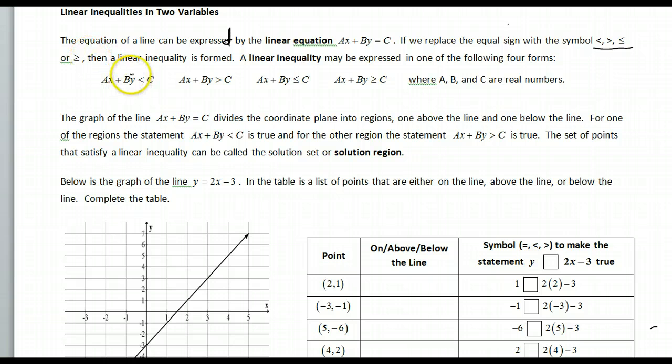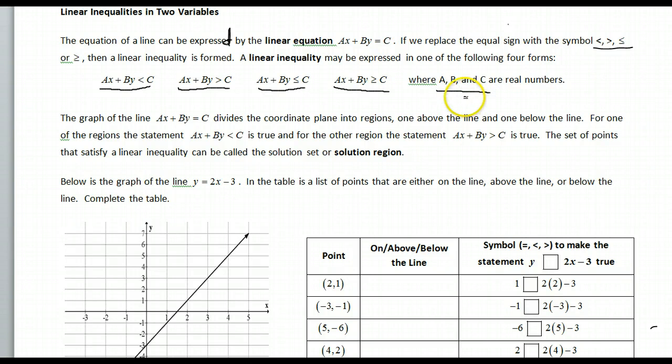A linear inequality can be expressed in one of the following four forms. ax plus by is strictly less than c, ax plus by is strictly greater than c, ax plus by is less than or equal to c, ax plus by is greater than or equal to c, where a, b, and c are all real numbers.